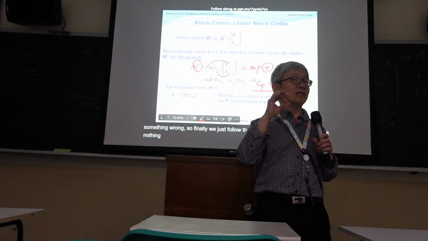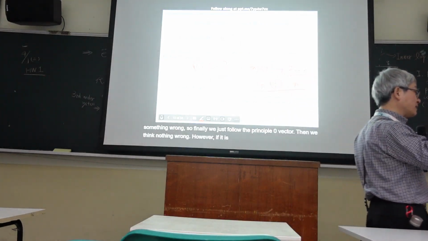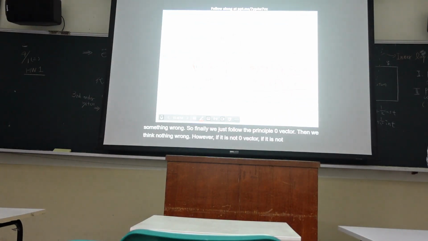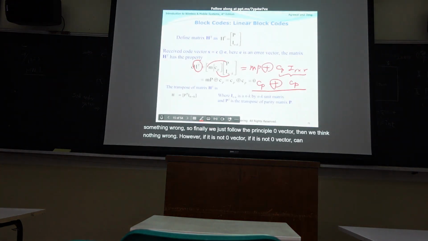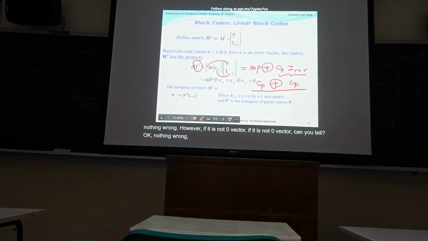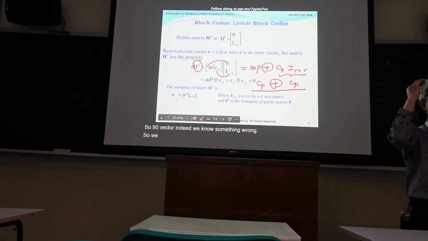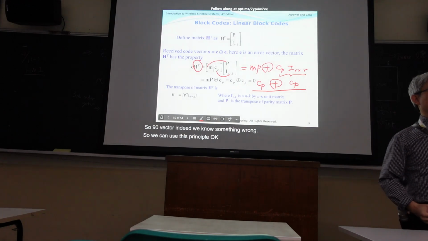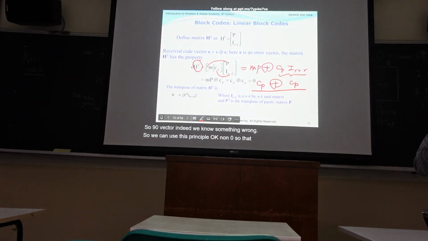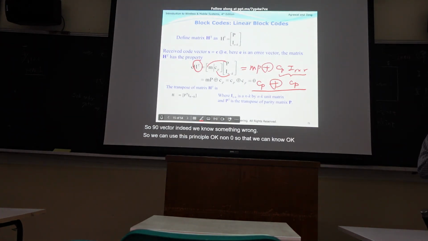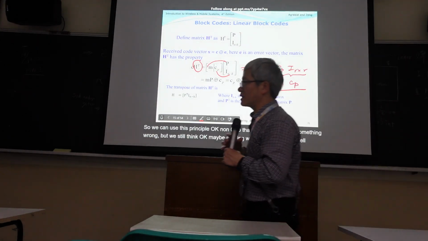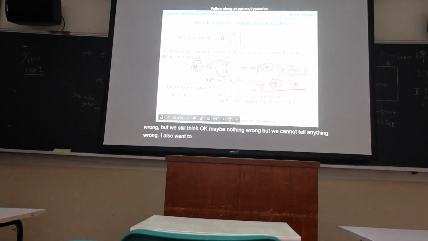However, if it is not a 0 vector, can you tell nothing wrong? No, right? A non-zero vector, we know something is wrong. So we can use this principle. But with a 0 vector, maybe nothing is wrong, but we cannot tell anything wrong. So we want to pass on this principle to make the judgment.